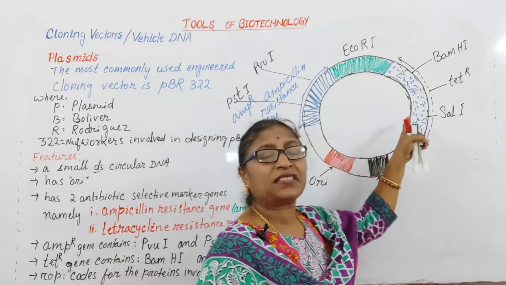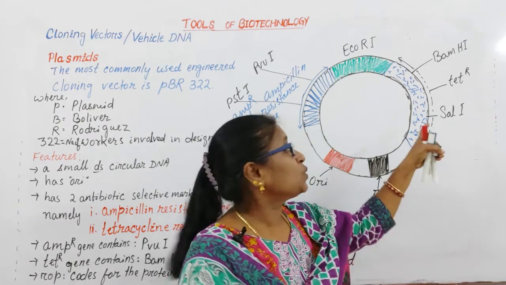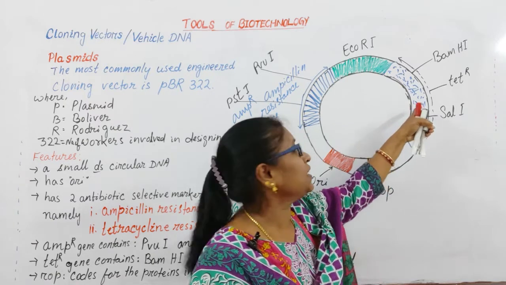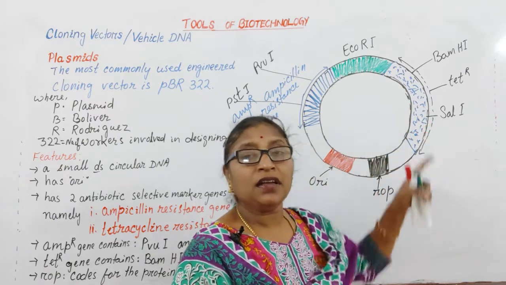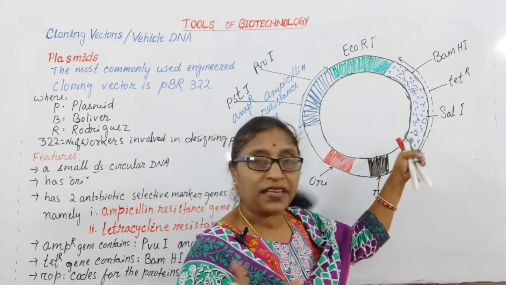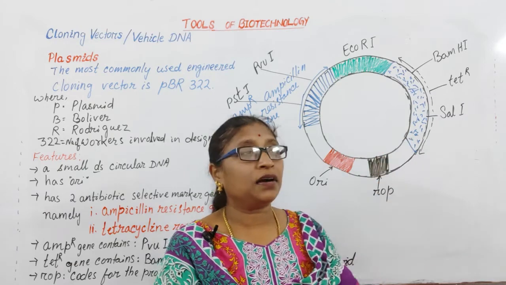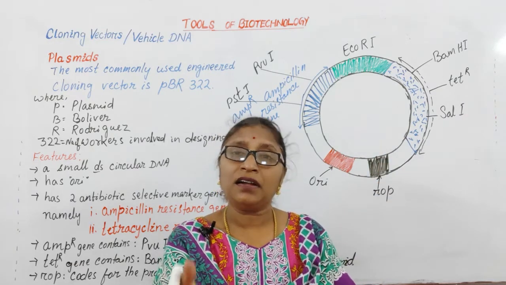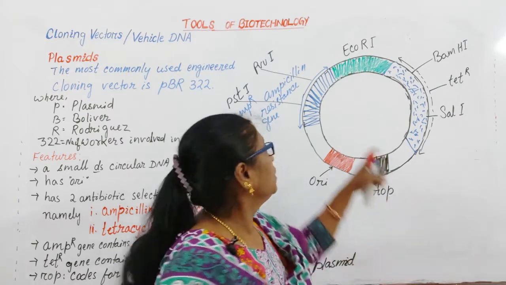This is the tetracycline marker gene, so when the target gene is inserted in it, it becomes inactive. So it helps us in differentiating the transformed ones from the non-transformed.